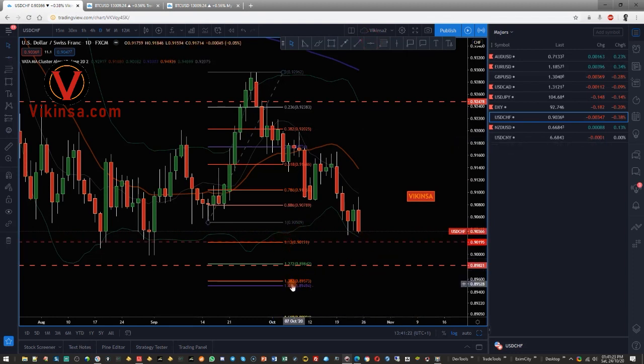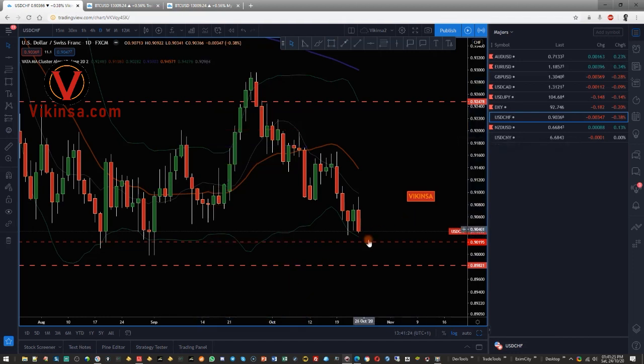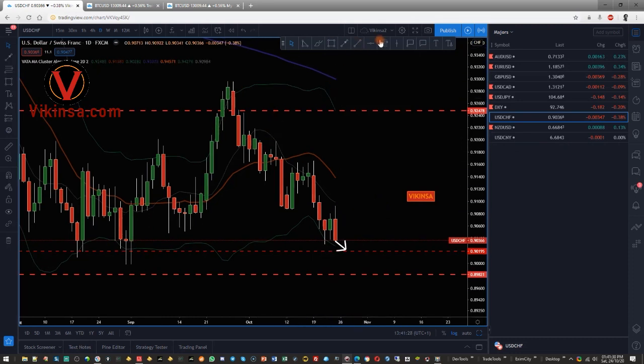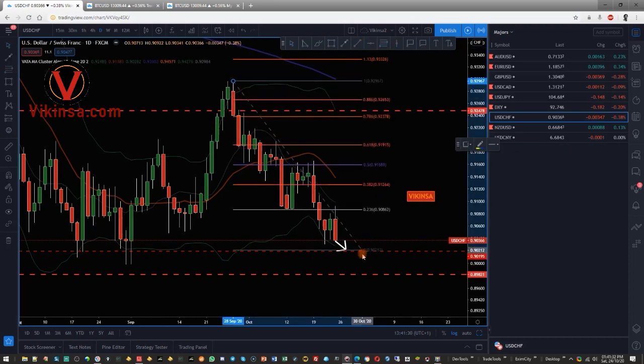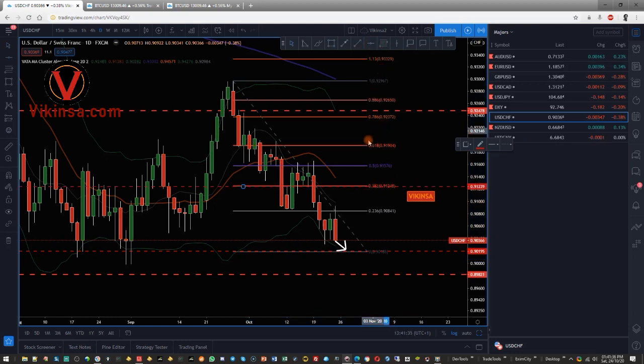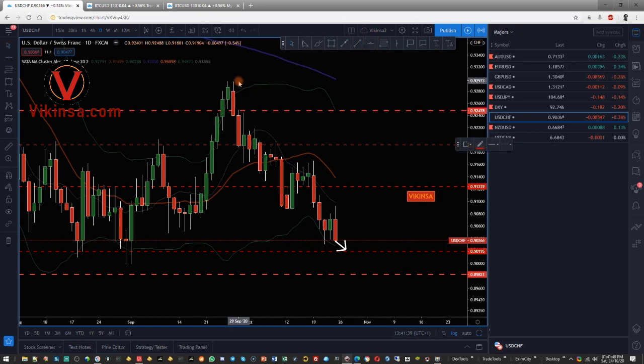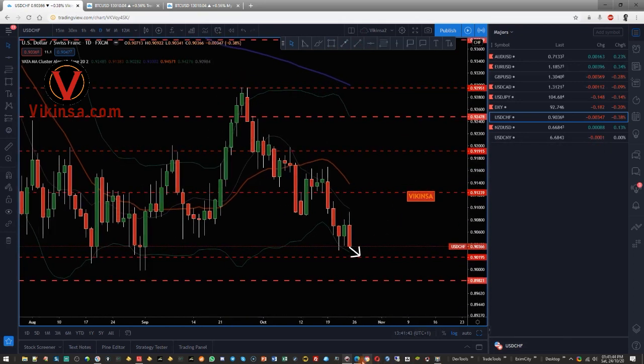So if the market starts to go down, then we are looking for this level. And if it starts to go upwards, then we are looking for this, and these levels. So these are all the levels that we have on USDCHF.